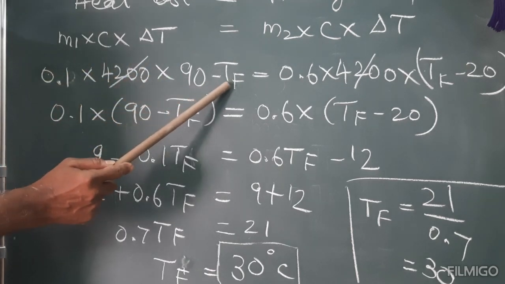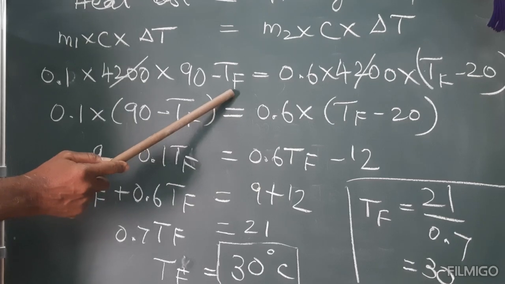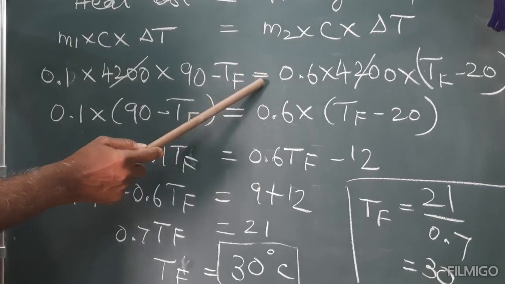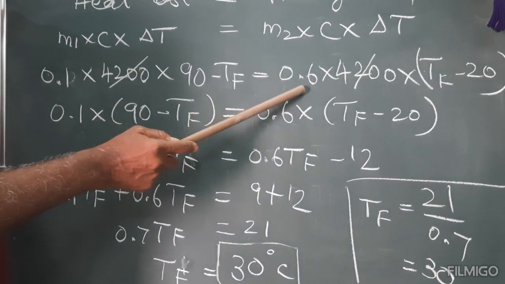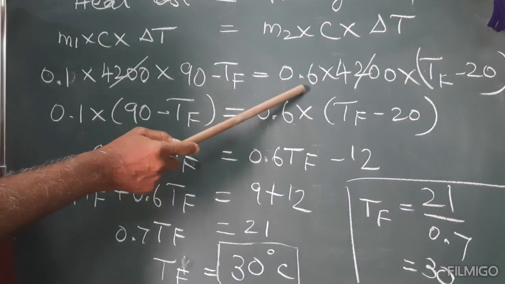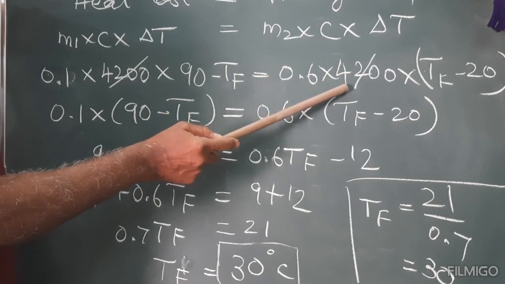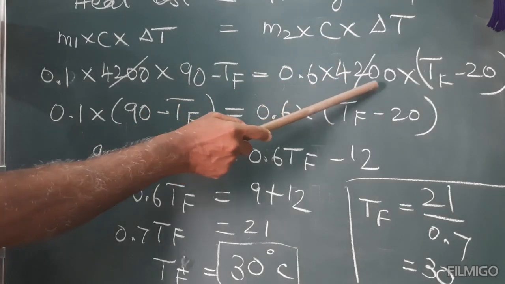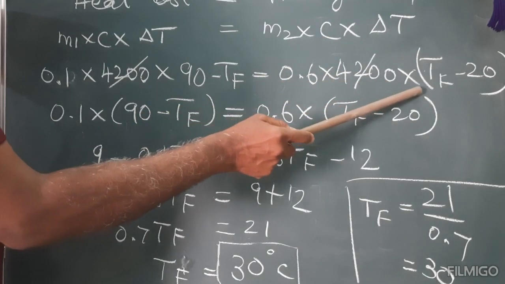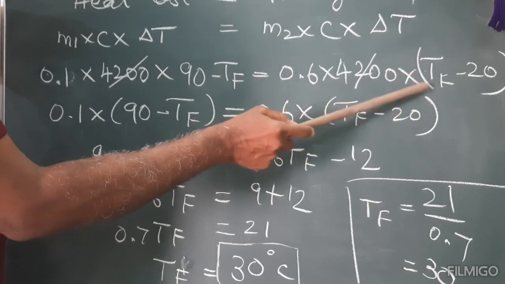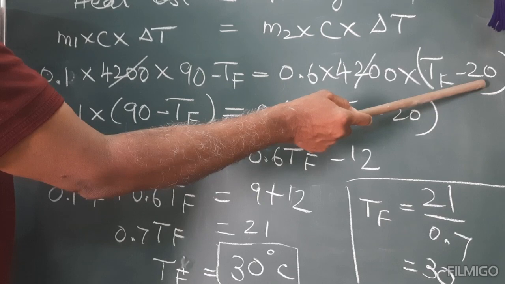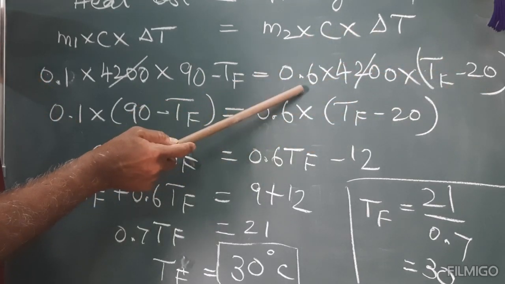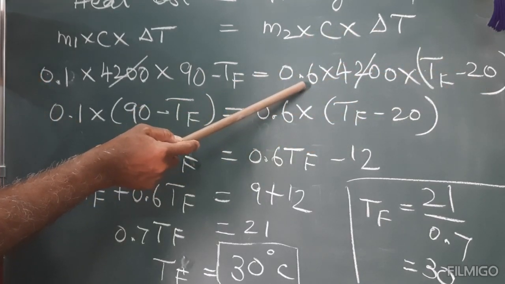So 90 minus Tf, Tf meaning final temperature, is equal to the heat gained: 0.6 kilogram, that is 600 grams of water, and here also the specific heat capacity is 4200, and into delta T. Delta T is for heat gained, so it is the final temperature minus 20 degrees, where 20 degrees is the initial temperature of the 0.6 kilogram of water.